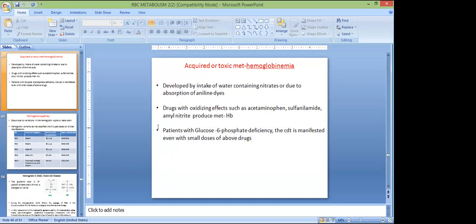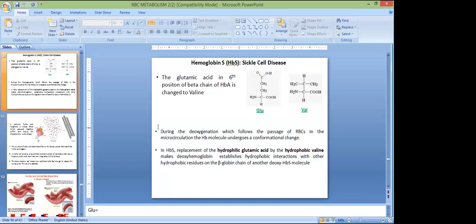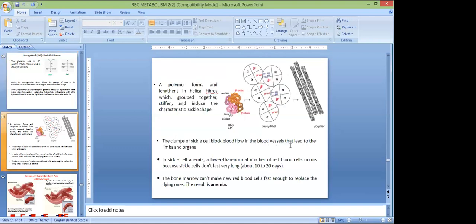Now, hemoglobin S, that is sickle cell disease. That is another type of hemoglobin. If you have this type of hemoglobin, you have sickle cell disease. And it's due to when you replace glutamic acid with valine. That replacement, that amino acid, is what hurts you.